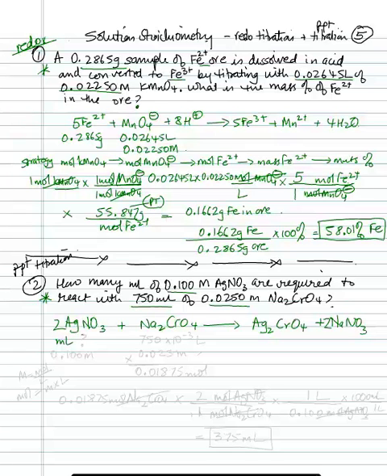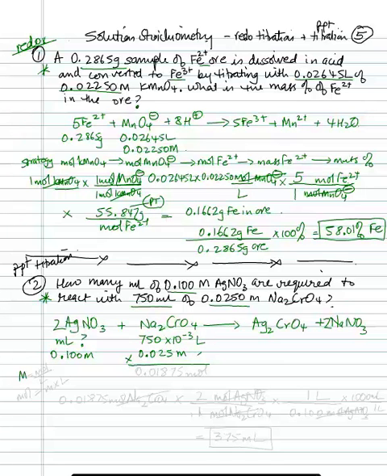So how many milliliters of 0.100 molar AgNO3 silver nitrate are required to react with 750 times 10 to the negative 3 liters of 0.250 molar solution? So we can find the moles here as we did before.